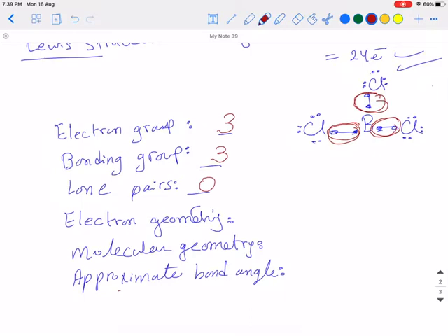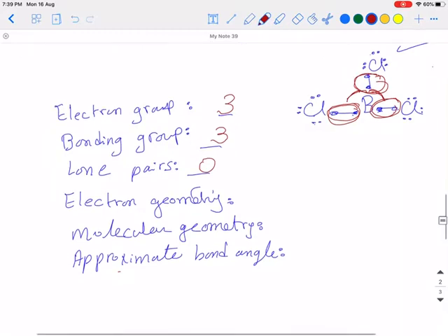According to VSEPR, since we have no lone pairs here, the maximum that these be away from each other to minimize the repulsion of electrons should constitute the geometrical shape, which is trigonal planar.